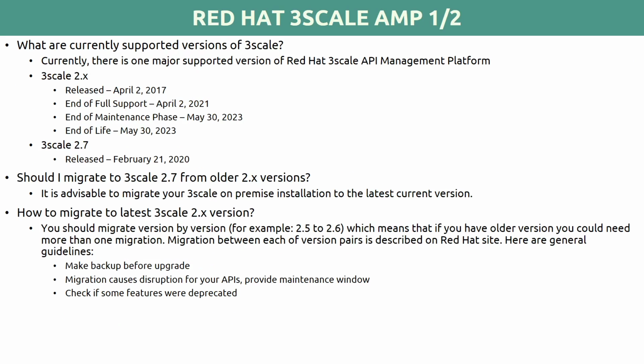As I said, we have been working with Red Hat as a partner for a few years, and we also use some of the Red Hat middleware software. One of the middleware products is 3scale, which is Red Hat's API management platform.